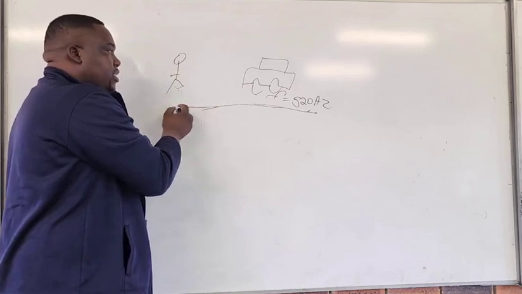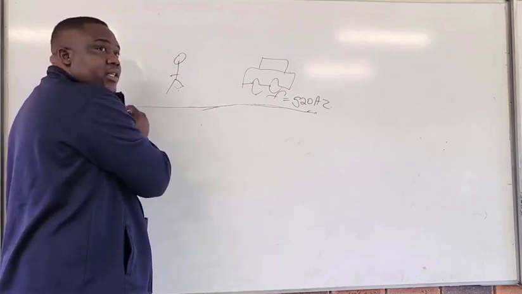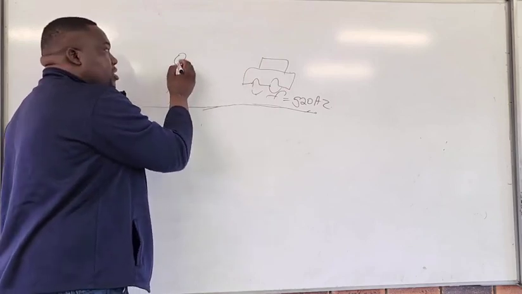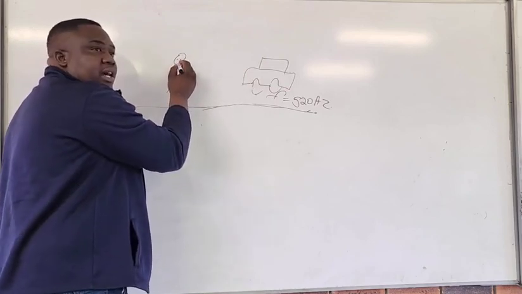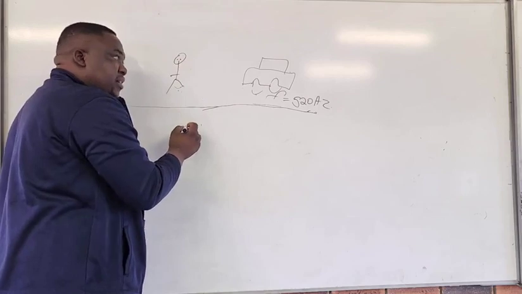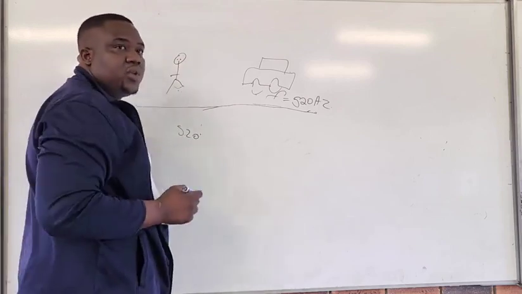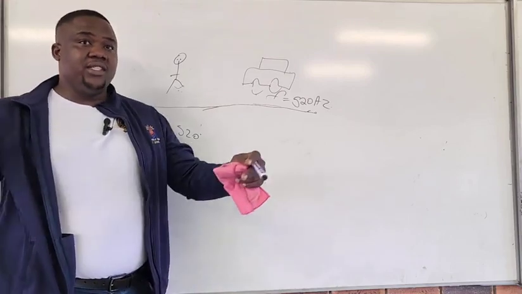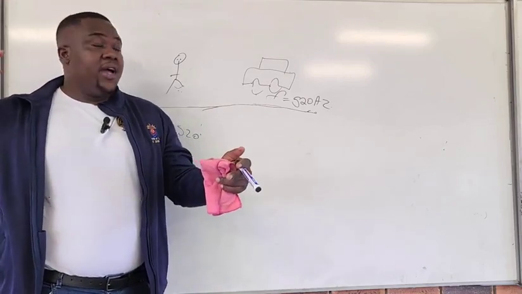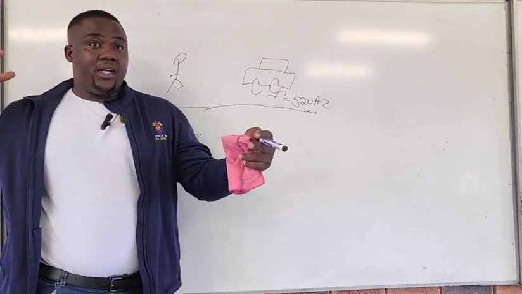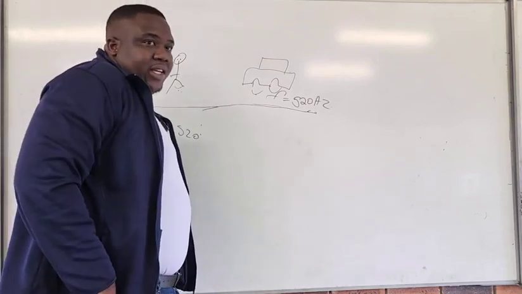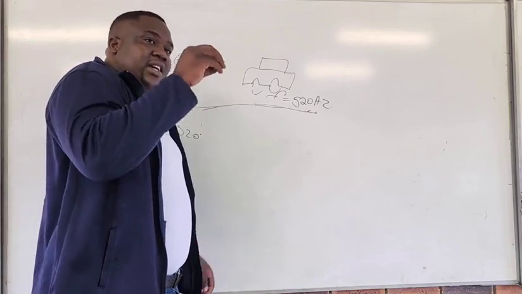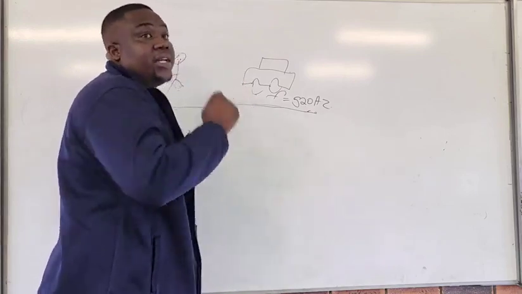But they tell you that there was a point as this car was approaching where this person perceived 520. So it means at the instant where the car was where the person is, the person is going to perceive the exact hertz that are produced by the source.